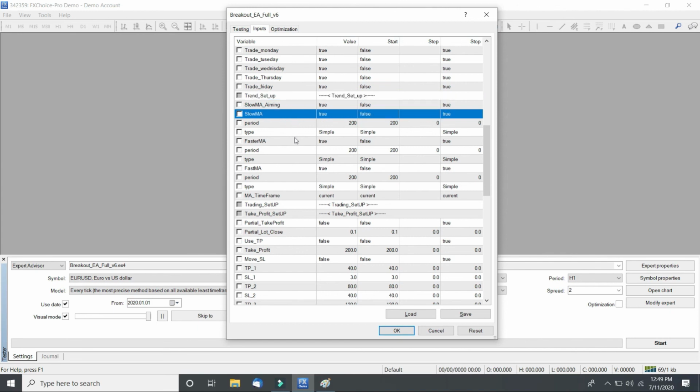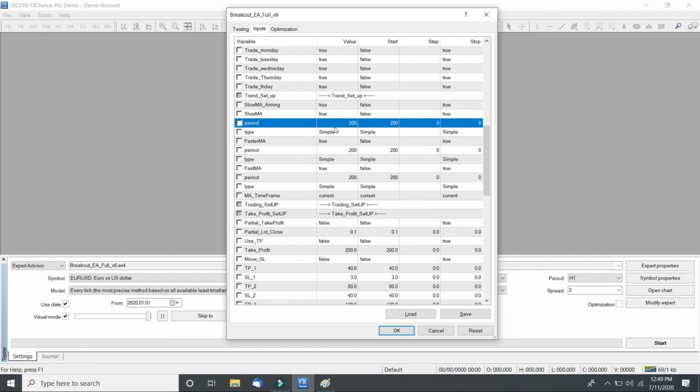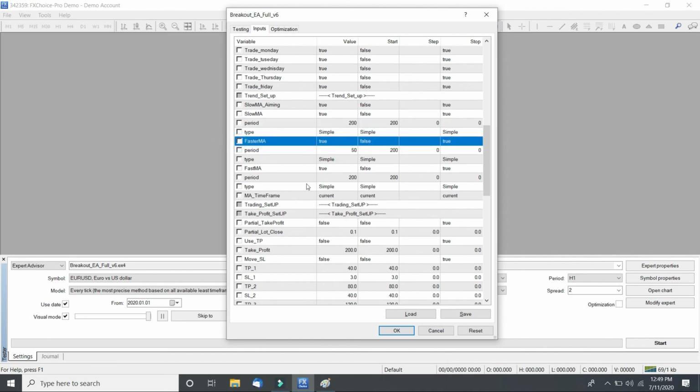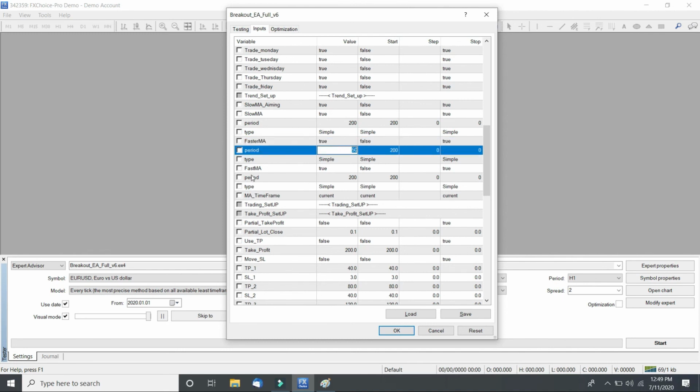Here you have the option of up to 3 moving averages. The slow moving average is 200. That's the slowest moving average. The faster MA is faster than the slow MA. This can be 100, it can be 50, it can be 20, it's up to you. Let's set it on 50. Now, the fast MA is the lowest number of days the MA is set on.